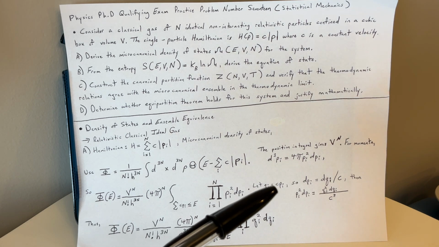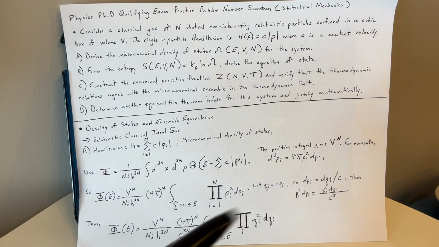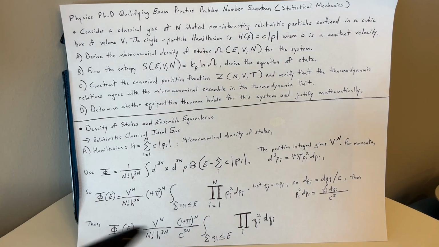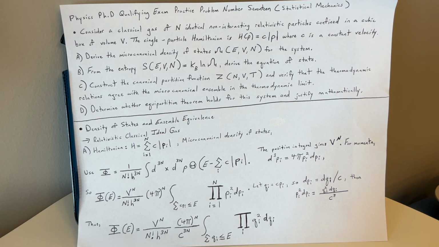We're going to let q sub i equals c p sub i, so dp sub i equals dq sub i over c, and then p sub i squared dp sub i equals q sub i squared dq sub i over c cubed.